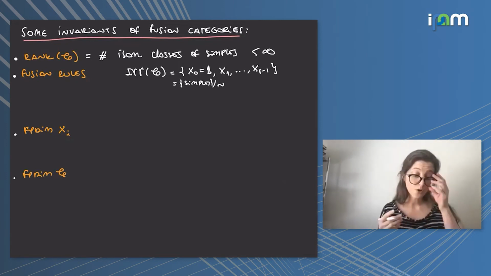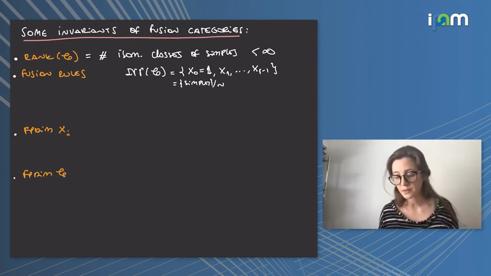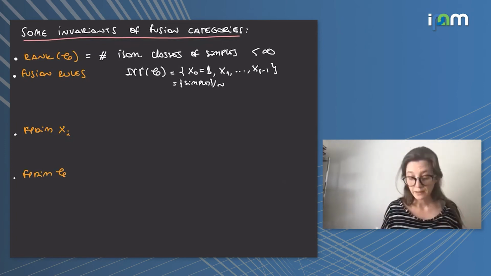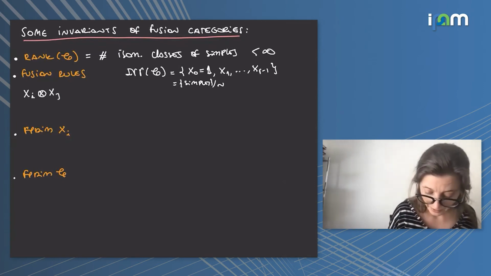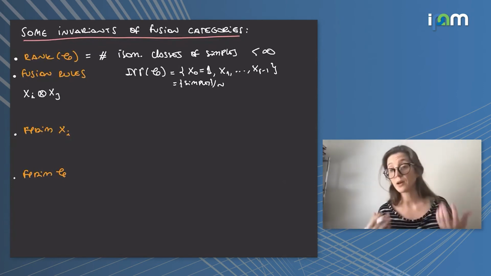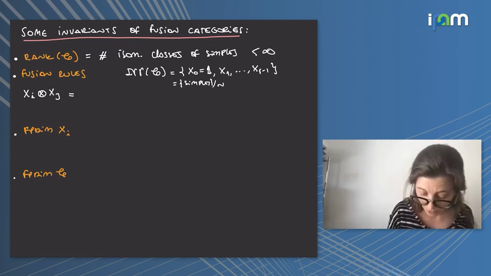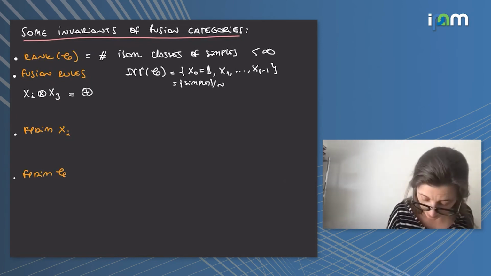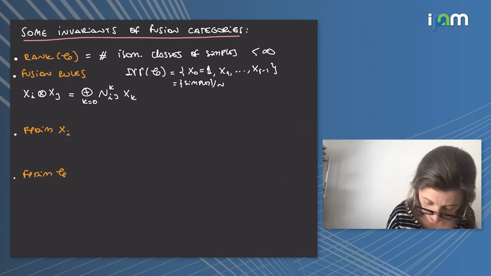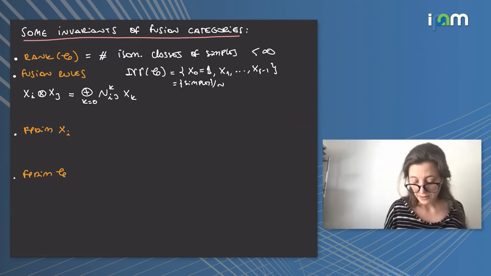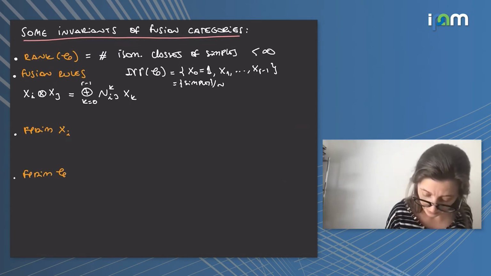So what are the fusion rules of my category? This is a monoidal category. So if I take two of the simples and tensor them together, I get a new object in my category. Now my category is semi-simple, so I can decompose this as a direct sum of the simples. And the fusion rules will be the coefficients with which the simples appear in this decomposition.